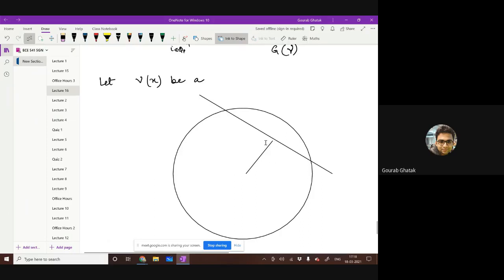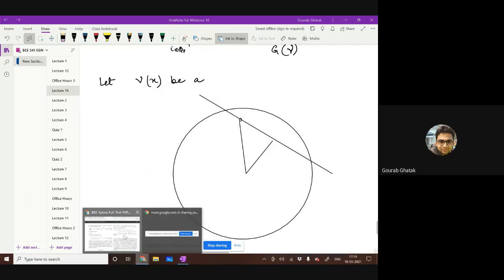This line is at a distance of ri, which means the perpendicular has length ri. Any point, let's say this point, at a distance of t from the foot of the perpendicular is at a distance of square root of t square plus ri square from the origin. This hypotenuse is the square root of ri square plus t square.